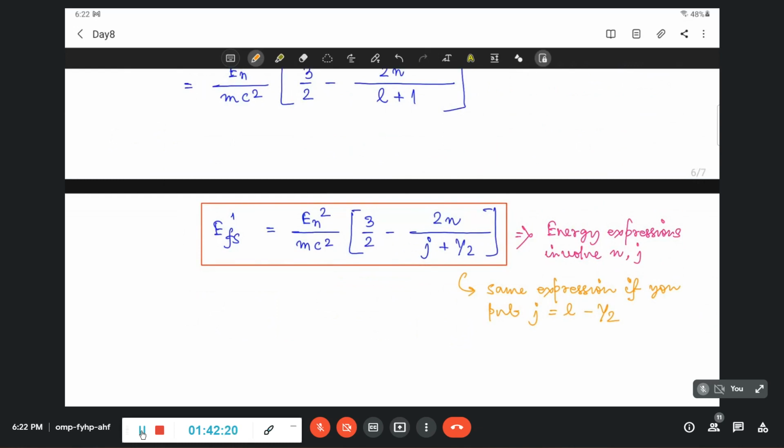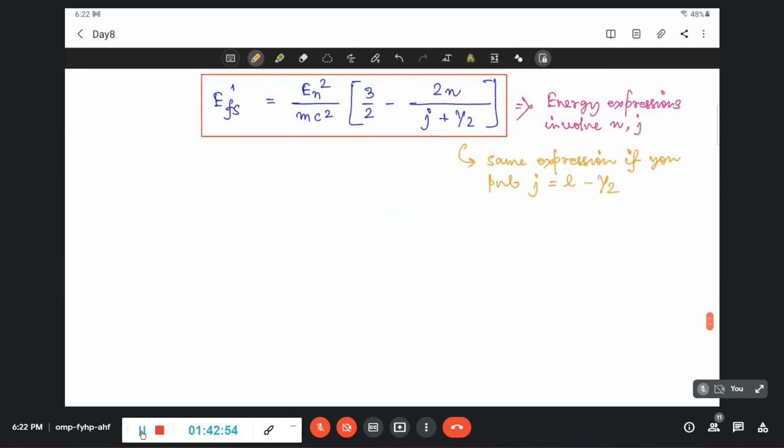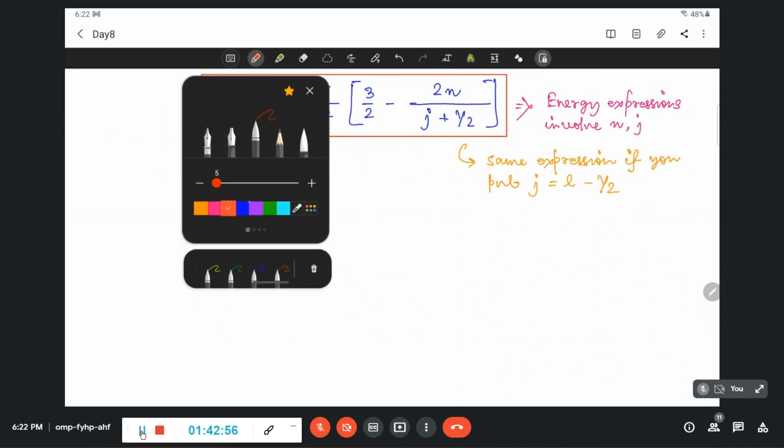Previously you had J minus half, and now J plus half. But you see this expression remains the same. In terms of L these two expressions are different, but in terms of J they are the same, and that leads to the conclusion that this expression for the energy eigenvalues has good quantum numbers which are not L, but N and J. So this is the fine structure for the hydrogen atom.